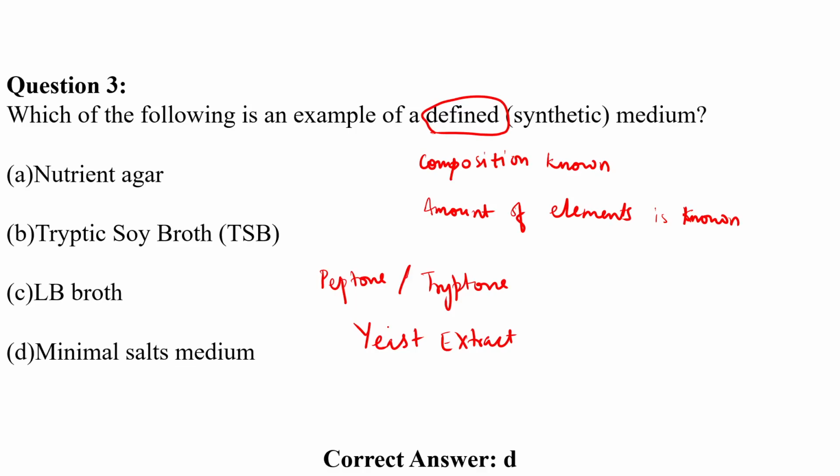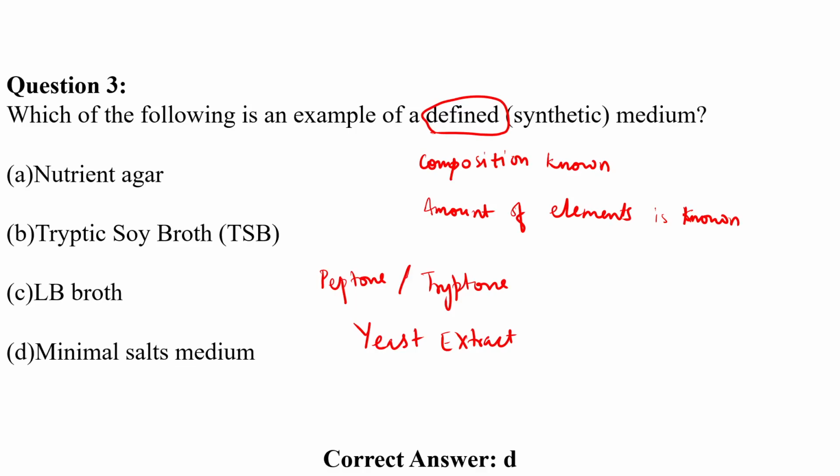So all the factors will be present, but the exact amount of each cofactor in the yeast extract will be different. Every batch of yeast extract, if I open two bottles of yeast extract, they both might have different elemental composition. In the tryptic soy broth, we generally add extracts of soya bean and casein powder.